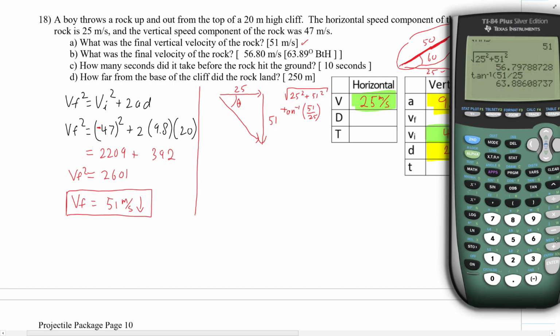So the final velocity vector is 56.8 meters per second at an angle of 63.89 degrees, and that will be below the horizontal.